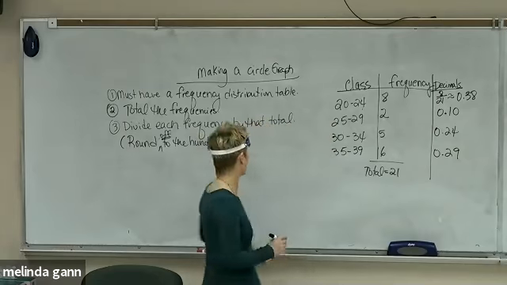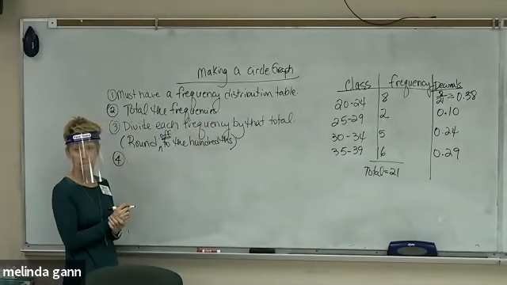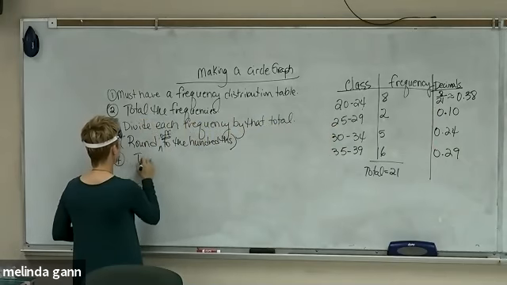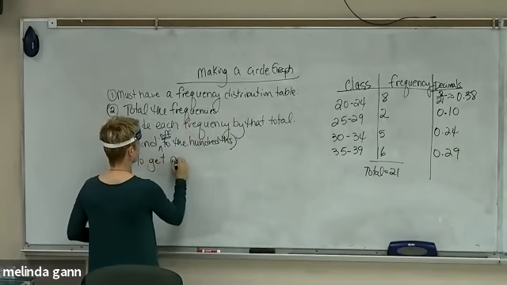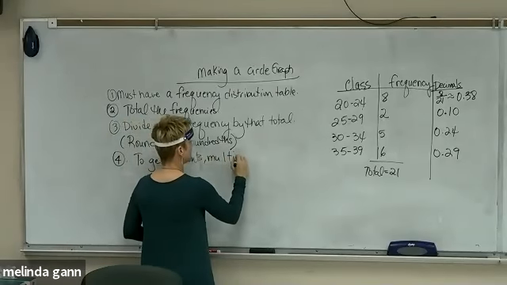The first thing I want you to do is change those decimals to percents. How do you change decimals to percents? All right, so to get percents, you're going to multiply those decimals by 100.